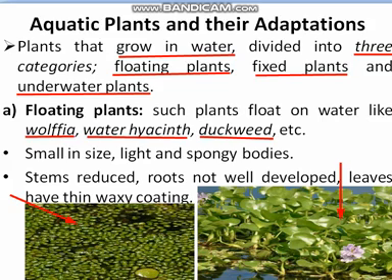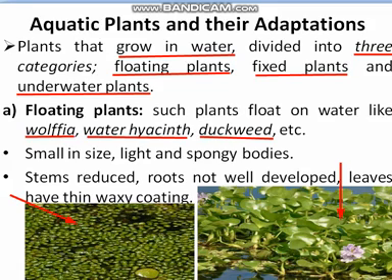Their size is small, and they are light in weight, and their body is spongy. That means why do they have small size, why are they light in weight? इनका size small होता है because they need to float on the water. लाइट वेट इसलिए होता है या स्पॉन्जी बॉडी इनकी इसलिए होती है सो दैट दे कैन फ्लोट ऑन द सरफेस ऑफ वाटर. जितना इनका वेट लाइट होगा, जितना इनका साइज स्मॉल होगा, उतनी ही आसानी से ये वाटर की सरफेस पे फ्लोट कर पाएंगे.